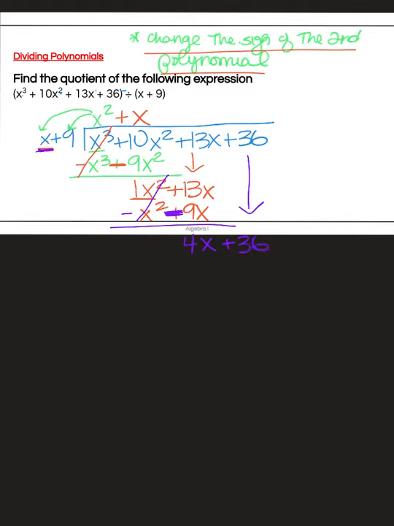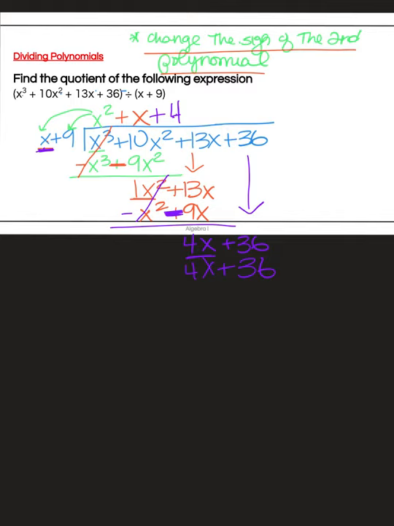So x times what is going to get me 4x? A positive 4, not a positive 4x, a positive 4. Then 4 times x is 4x, and 4 times 9 is plus 36.